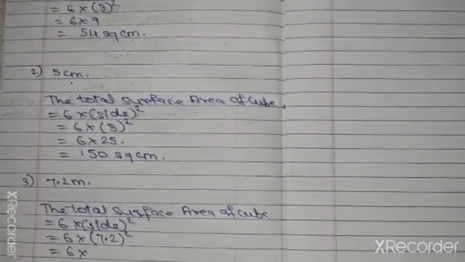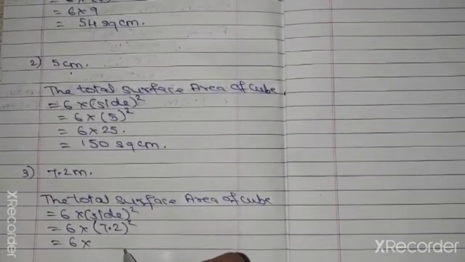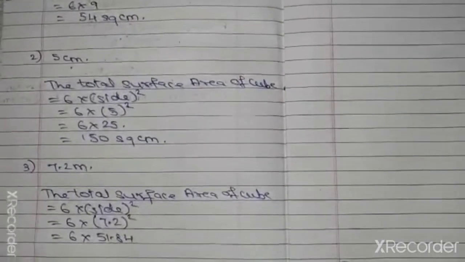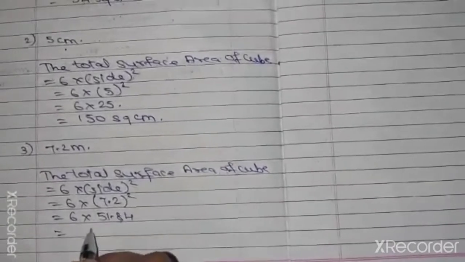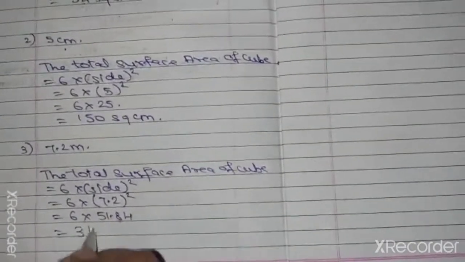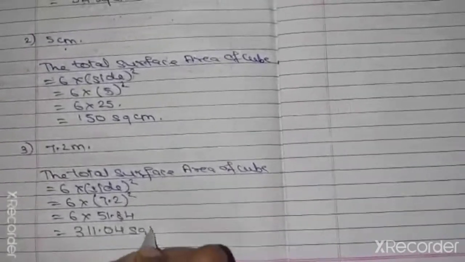So 6 multiplied by square of 7.2. 7.2 multiplied by 7.2 will give you 51.84. Okay, multiply and see. So 6 multiplied by 51.84 will give you 311.04 square meter.